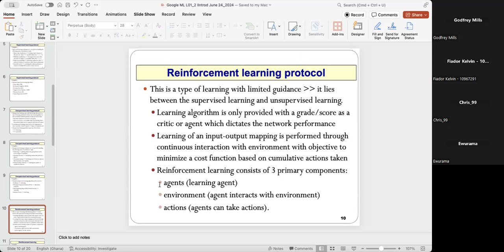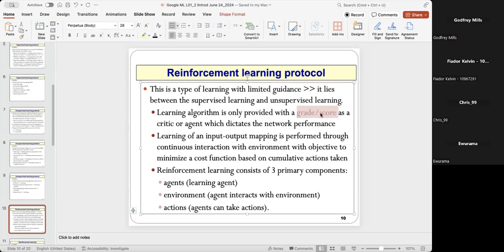Now, with this type of learning, the algorithm is only provided with a grade or a score. That's the guidance. And that score is used to determine whether a particular solution is approaching what is expected or is deviating from the expected.